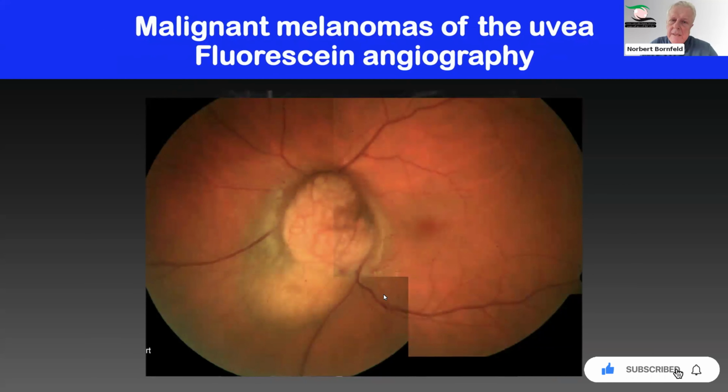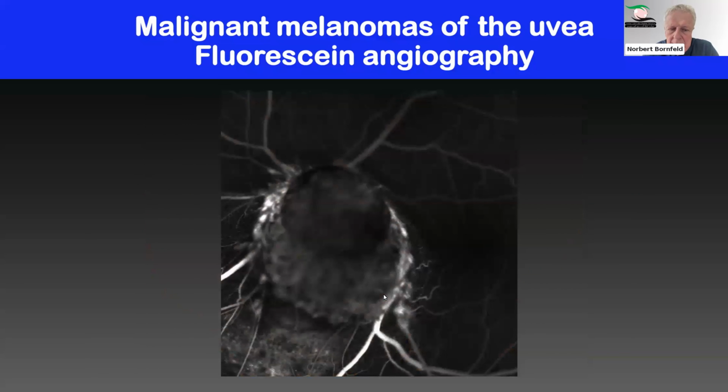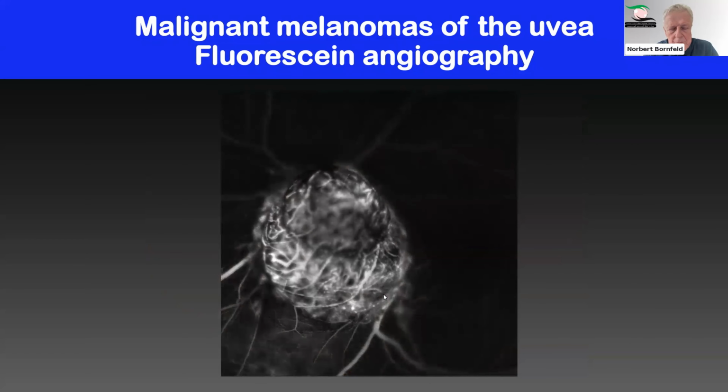Fluorescein angiography is very typical of a malignant melanoma. It's probably not needed in clinical routine, but if you do such a fluorescein angiogram in a tumor, you will see a very typical staining of the tumor. It's what's called a double circulation pattern. When you start with a fluorescein angiogram, the tumor appears dark. And if you go on, you will see that the tumor vessels are stained before the dye is getting into the retinal vessel system.